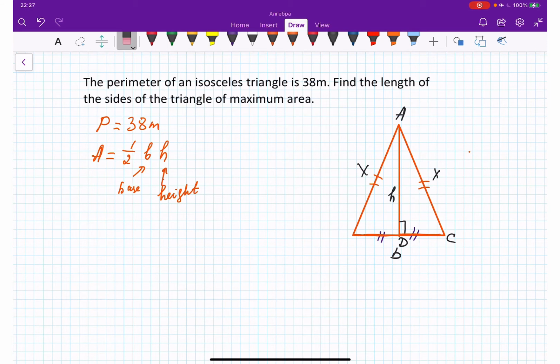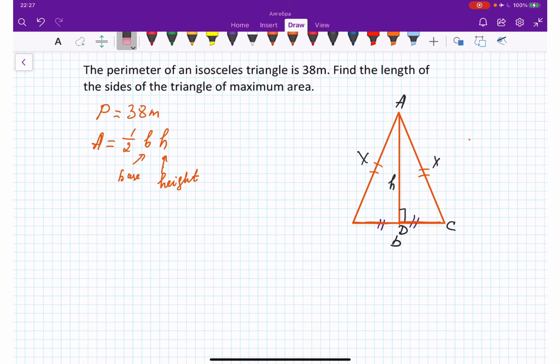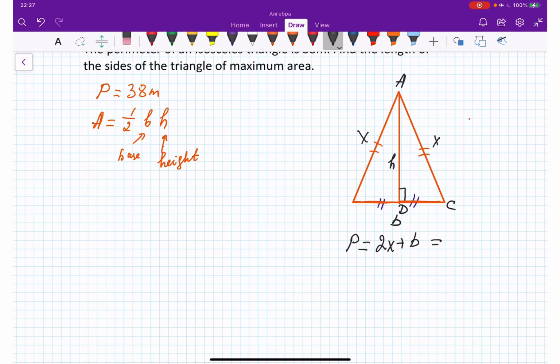Okay, to refresh your memory, perimeter is equal to the sum of all sides of any object. In this case, it's 2x plus b, right? So from here, b will be equal to the perimeter, which is 38, minus 2x, okay?